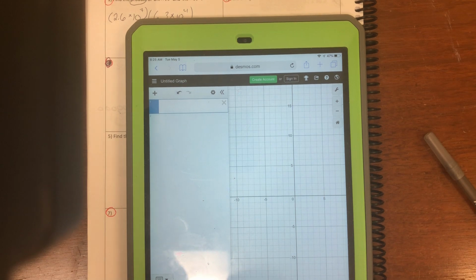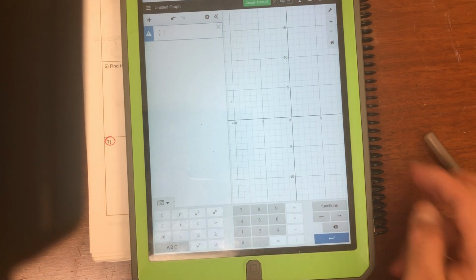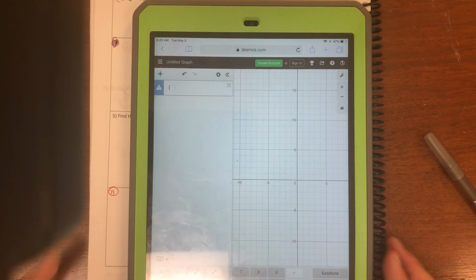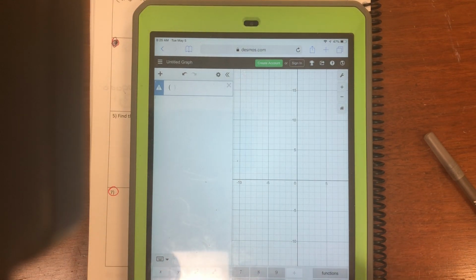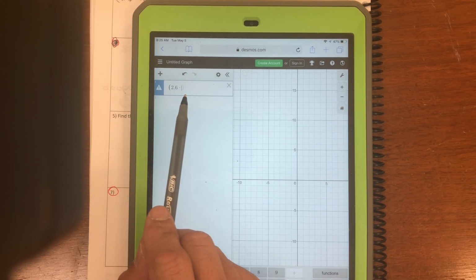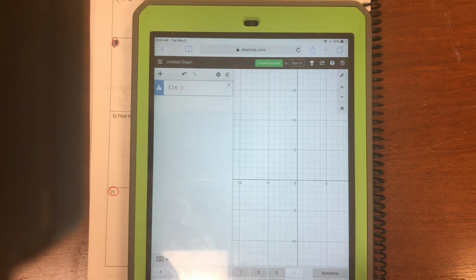So we have parentheses. Don't forget the parentheses button is down here. Parentheses, 2.6 times, and if you notice for the times, they don't give you the little X symbol, they just give you the little dot, which is basically the same thing, okay? Times 10 to the power of 7.